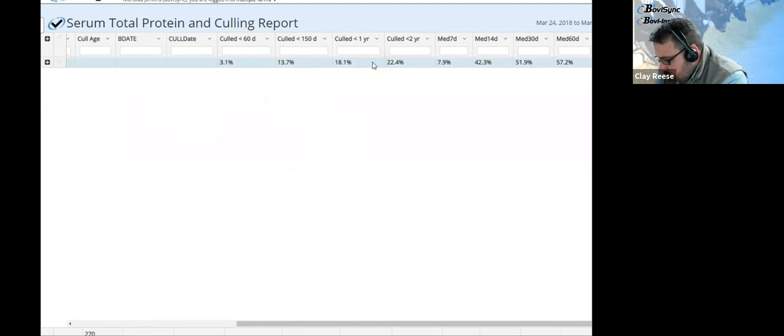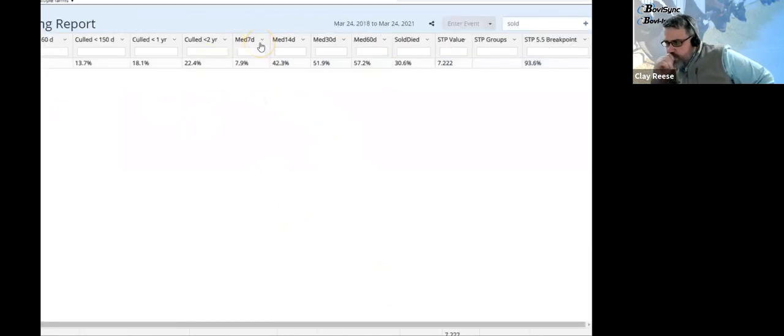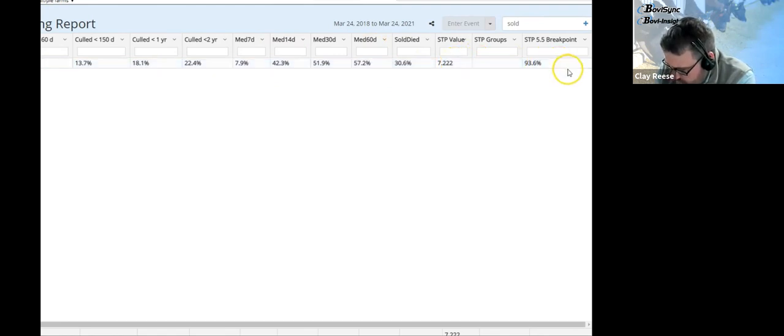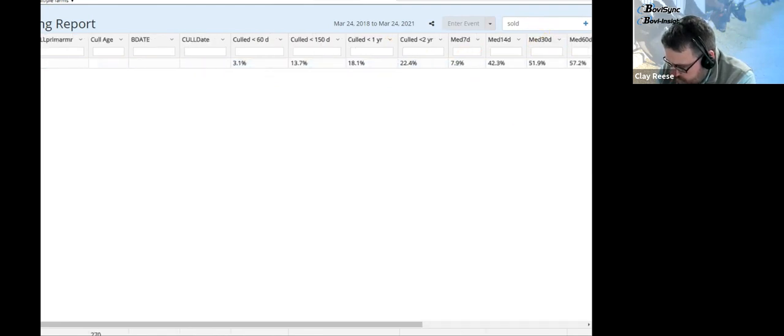I also created these measures, which are the percent of animals that have at least one medical event at 7 days of age, 14, 30, or 60 days. And then I have the overall percentage that were sold or died. This is the average serum total protein value, and this is the percent of animals higher than 5.5. So that's kind of interesting, but let's look at it a little bit deeper.